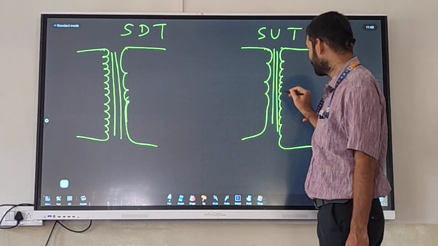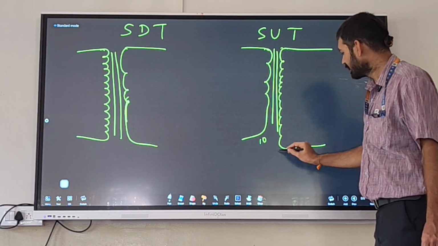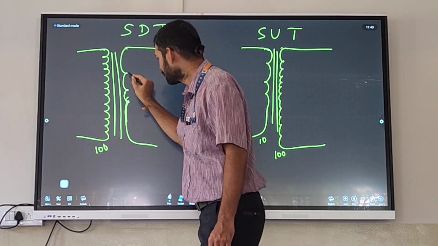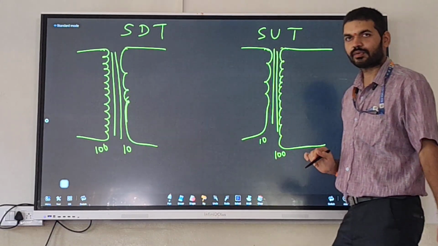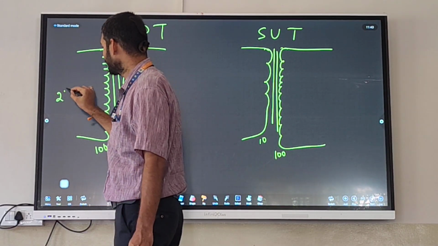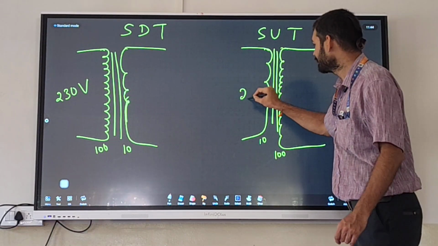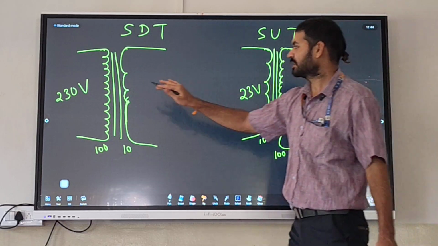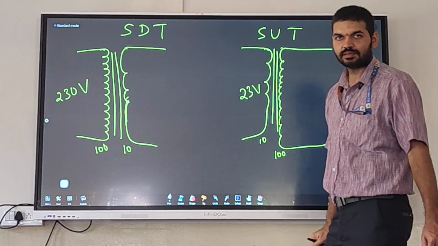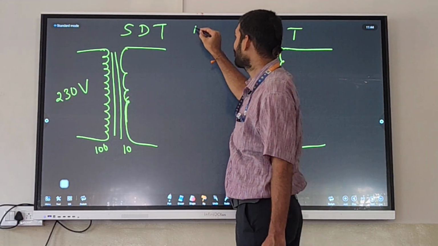So if the number of turns here is 10 and here say it is 100, assume here it is 100 and here it is 10. If I give say 230 volts here and if I give 23 volts here, what will I get on the other side? You should be knowing one formula.